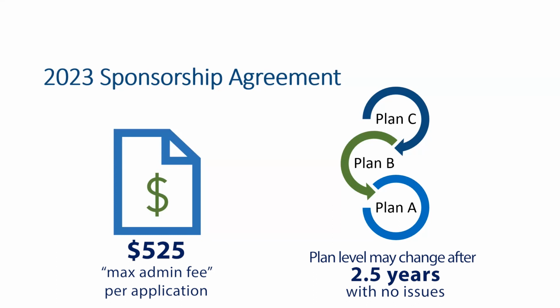So if you remember on the previous slide, I spoke about the two opportunities that you'll have to move into a lower risk category. The first will be via the mid-cycle review that will happen 2.5 years into the process. And the second will be when you go through that whole organizational assessment process again, when the sponsorship agreement is scheduled to be renewed.